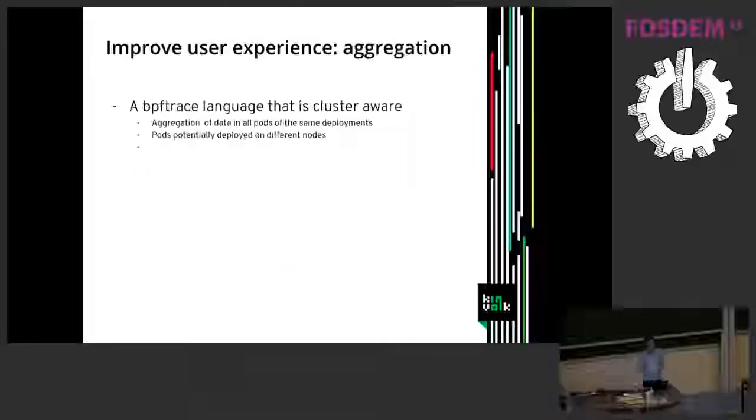Another idea is to have aggregation. Usually when we deploy on Kubernetes, we have several replicas, different pods, running potentially on different nodes. It would be good to gather the results of those different pods and aggregate them.